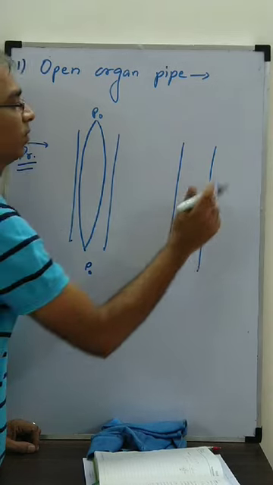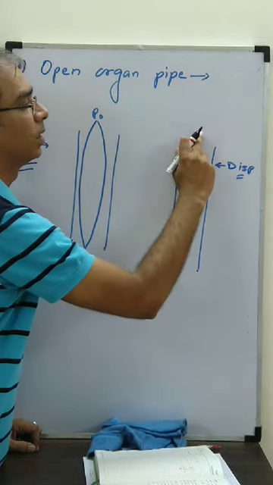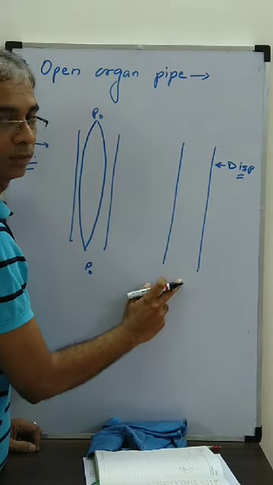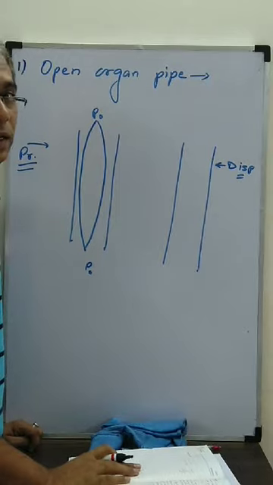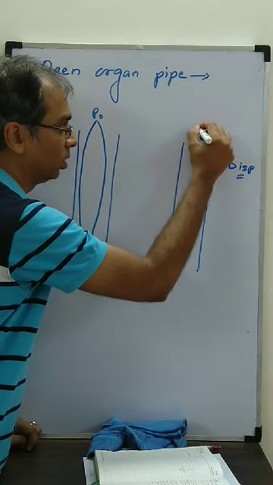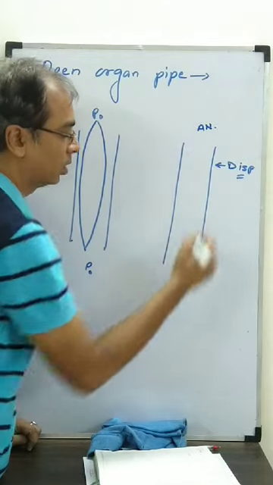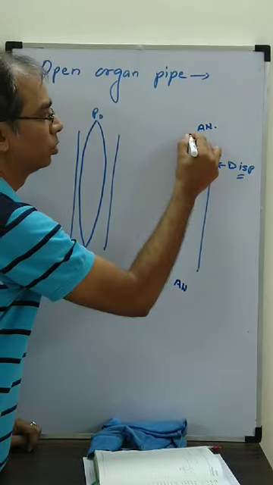Same way, if I make displacement here. Now this is a free end, this is also a free end if you talk about displacement. So wherever there is a free end, an antinode forms at the free end. So here is an antinode, a displacement antinode. Here also a displacement antinode. So how to do?